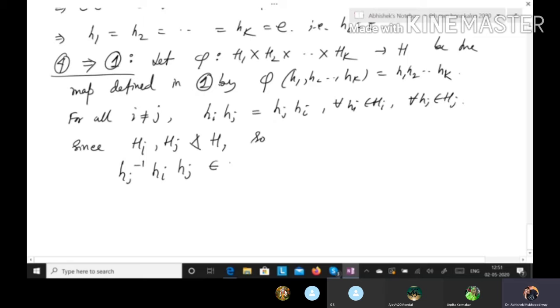This element must be in capital Hi, since Hi is normal.